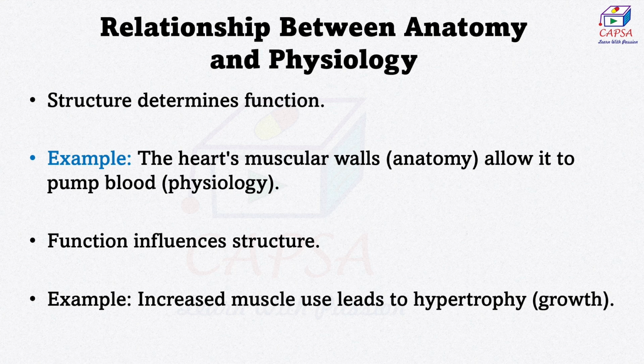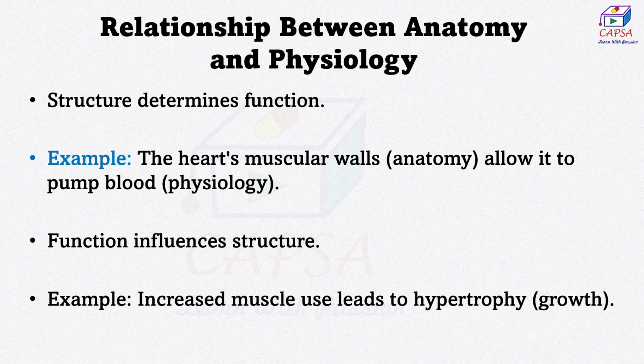The relationship between anatomy and physiology is fundamental and deeply interconnected. We often say that structure determines function. For example, the muscular walls of the heart, which is anatomy, enable it to effectively pump the blood, which is physiology. Conversely, function can also influence the structure.